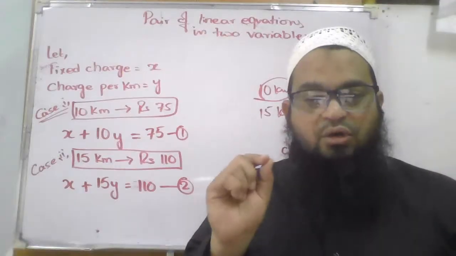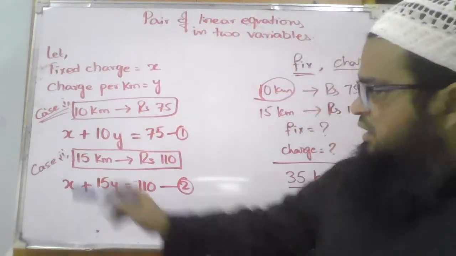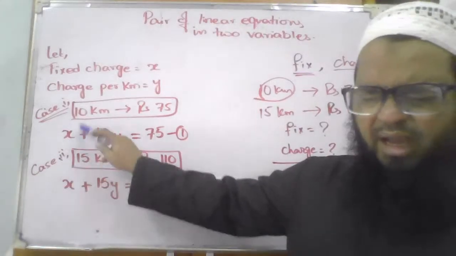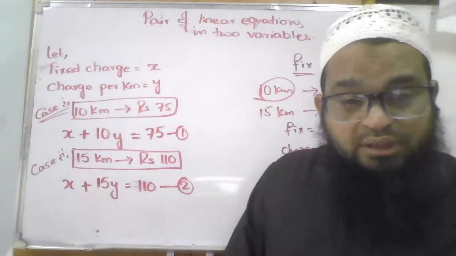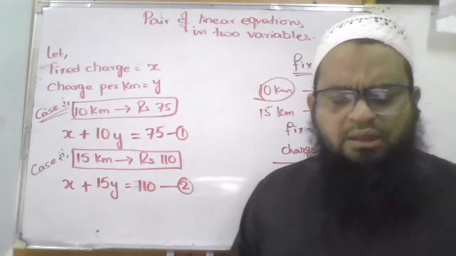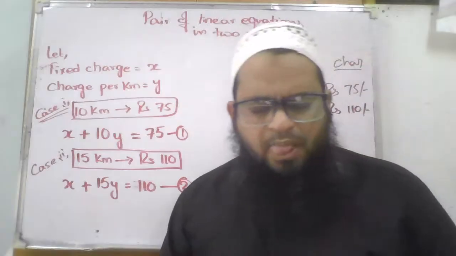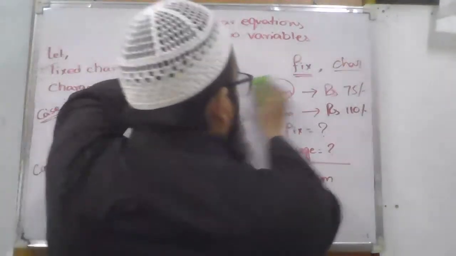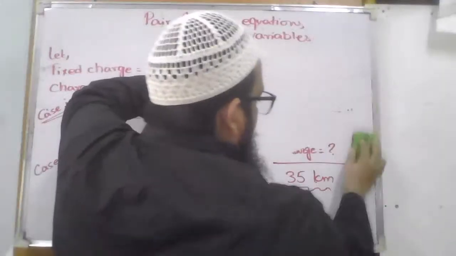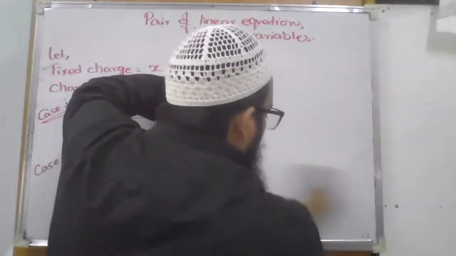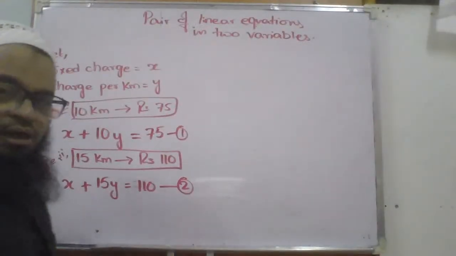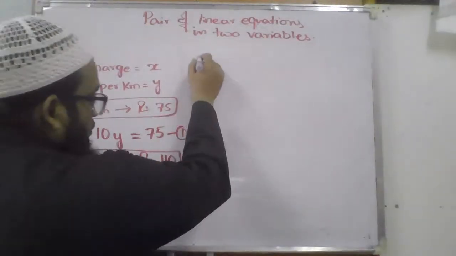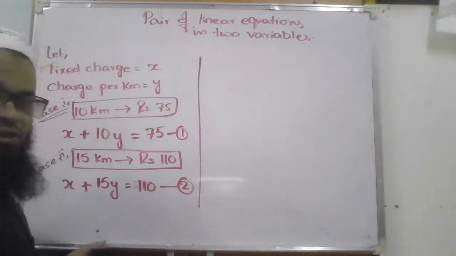So now what is the concept? Since the coefficients of x are equal, go with the elimination method. Let us do it over here. That is the concept. This is the reason I tell you that what is given and what to find are very important to decide the concept.